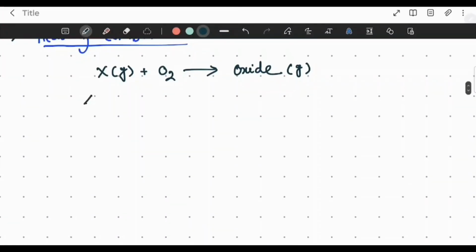That means del H equals H of products minus H of reactants, or H of capital P, capital R. This del H is the heat of combustion.